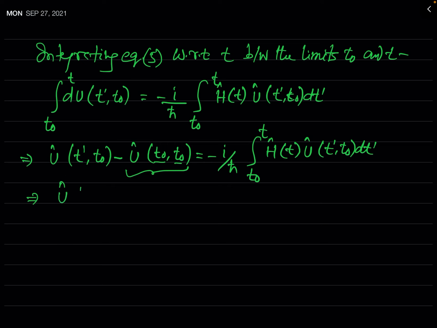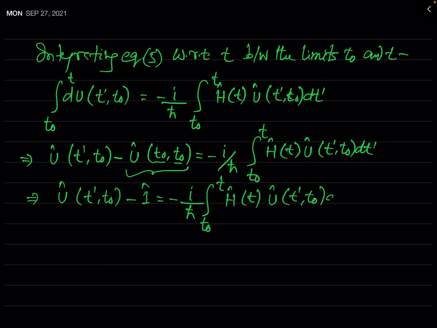So you can say that u hat of t prime comma t naught minus 1 hat is equal to minus i over h bar integral t naught to t, h hat of t, u hat of t prime comma t naught, dt prime. Now let us take this unit operator to the RHS.